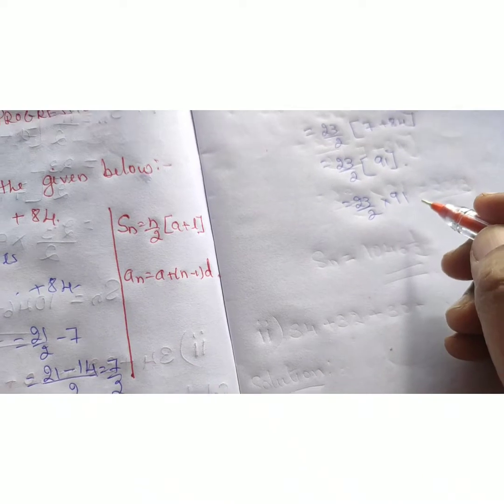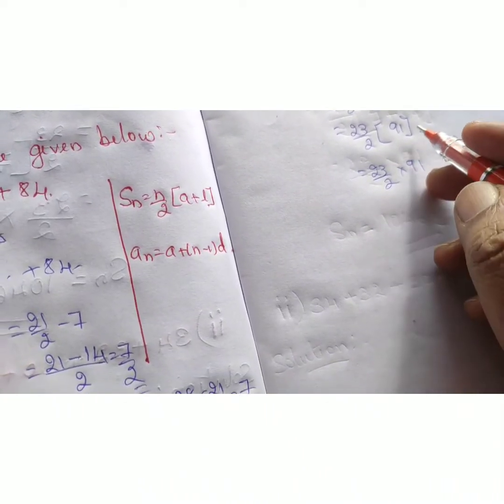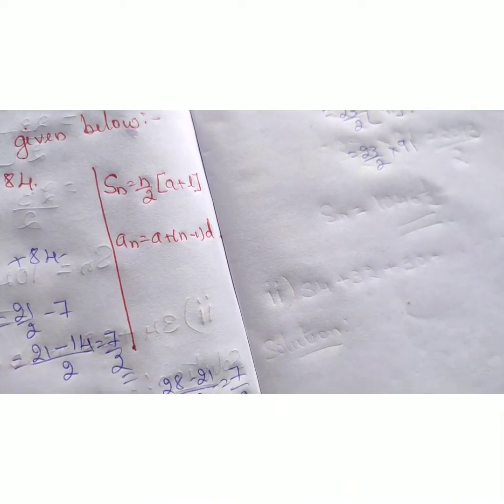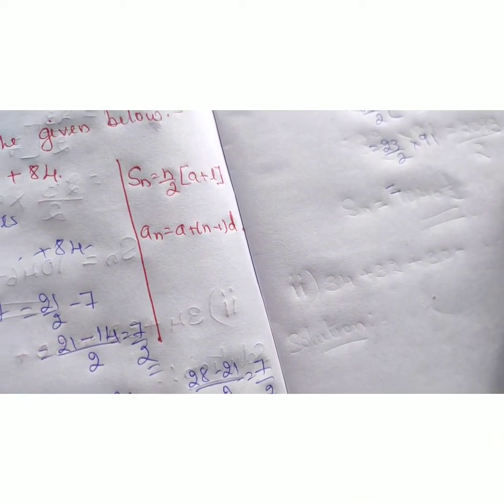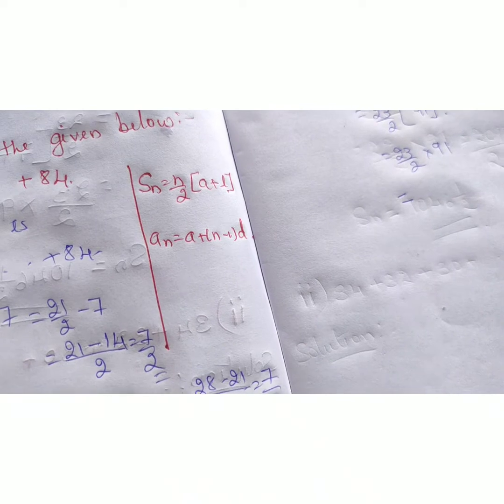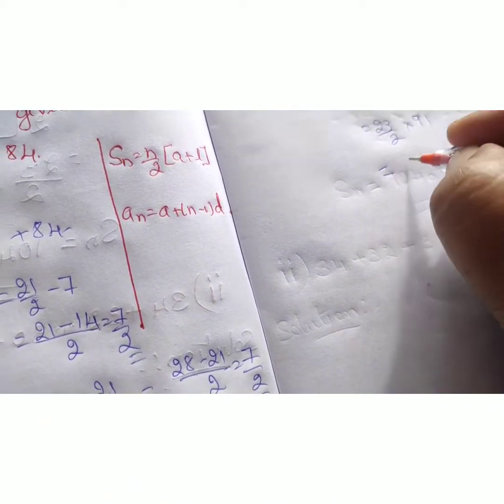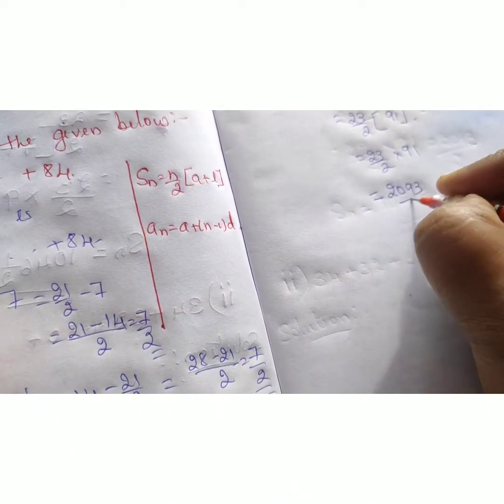You cannot simplify here, because 91 is not an even number. When you multiply 91 into 23, you get the answer 2093 by 2.